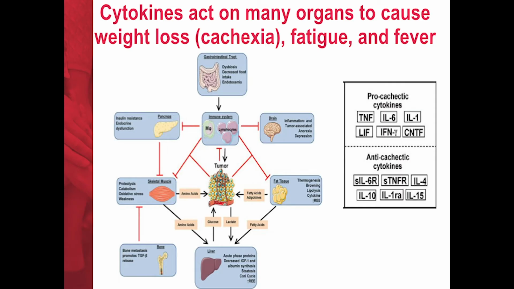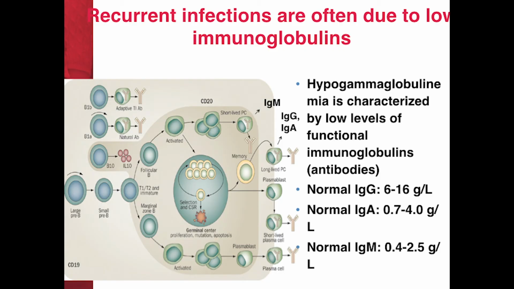They can act on the brain to cause decreased appetite, depression. They can also cause the fever, the night sweats, particularly this molecule called IL-1. If it's at high levels in the blood, that can cause the night sweats that people can sometimes get at nighttime. So high levels of cytokines can explain a lot of the constitutional symptoms of CLL.